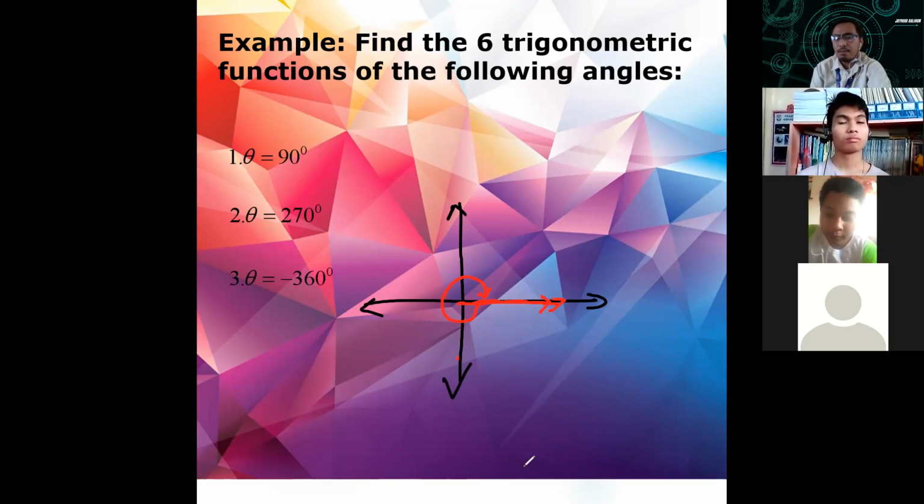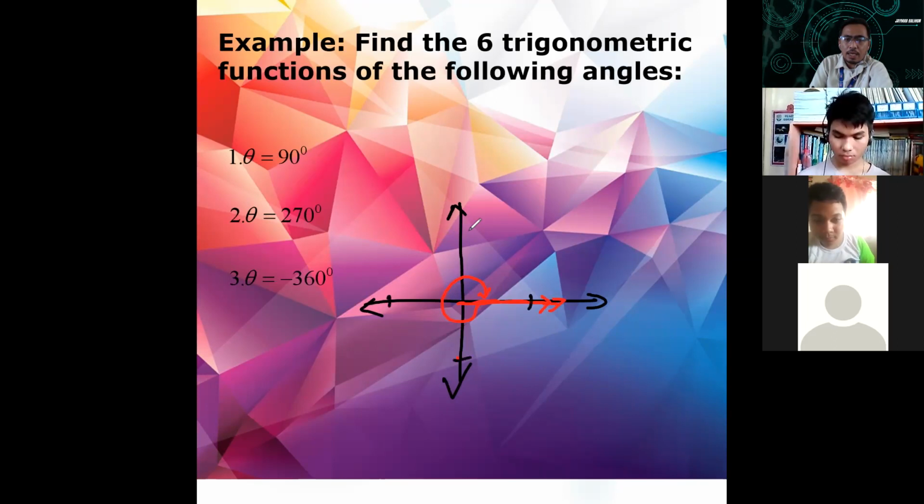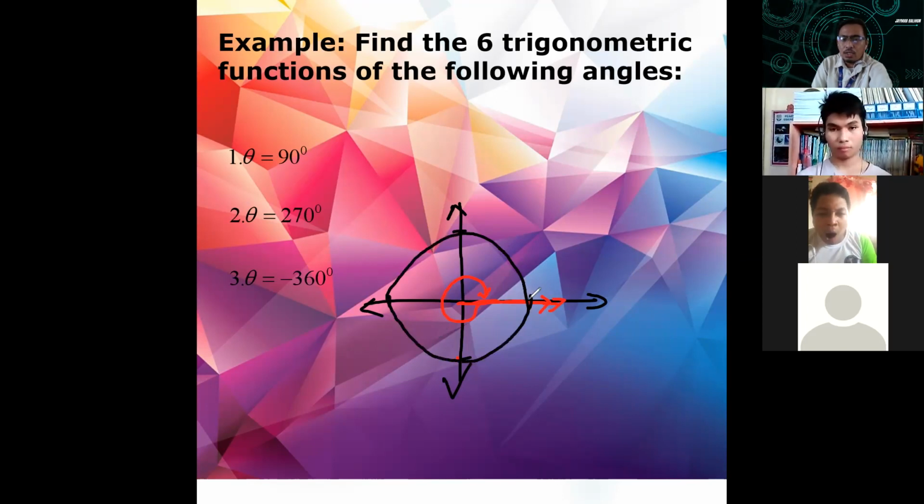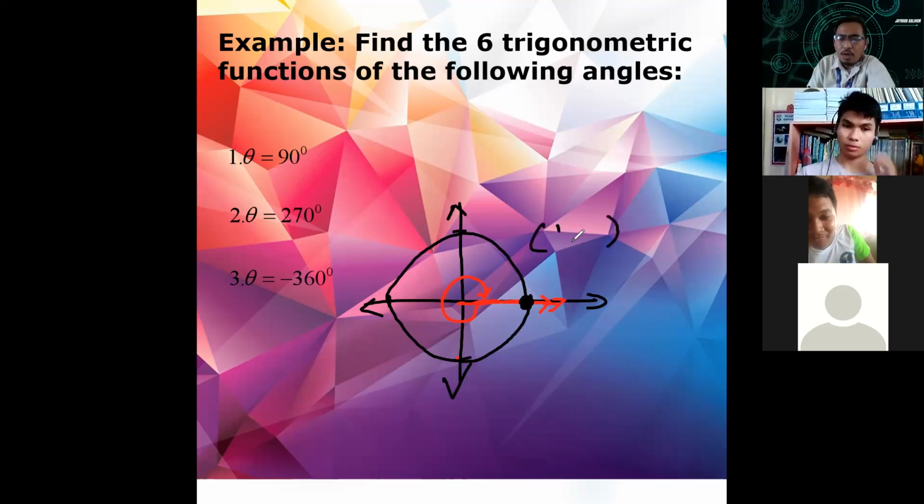So if you are going to draw your unit circle, it must look like this. This is your unit circle, and this is your terminal ray, so your terminal point must be this one. Where is the terminal point? It should be 1, 0.